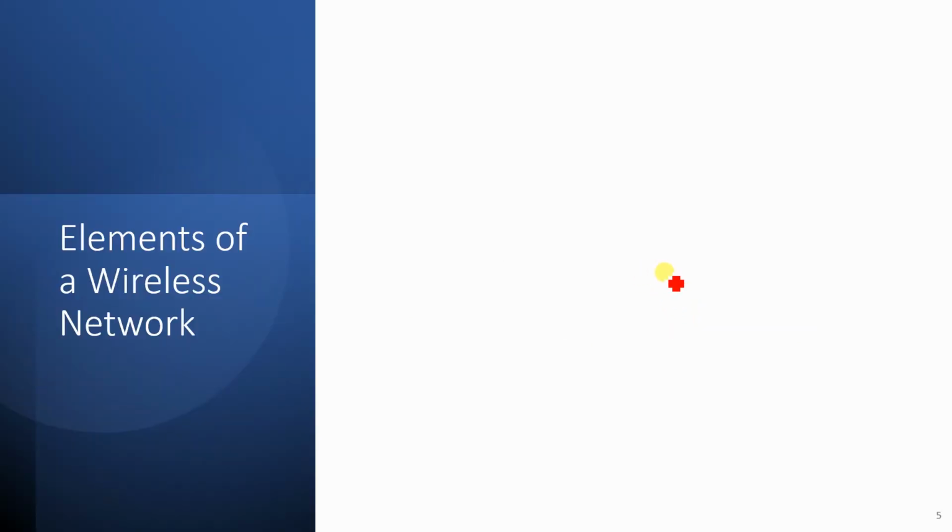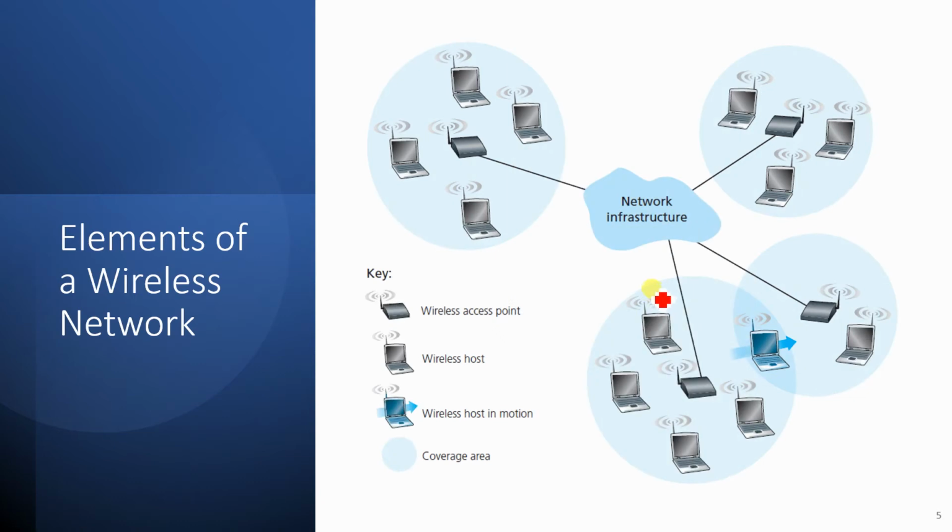Now that we understand the different types of devices and the terms associated with mobile communication, we will try to identify the elements that form a wireless network. You can see the figure here. You will identify some of the components that form a wireless network.